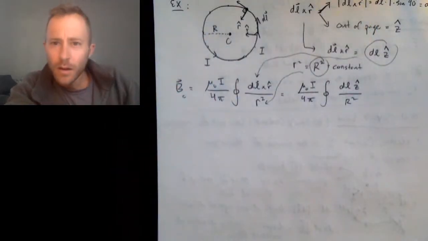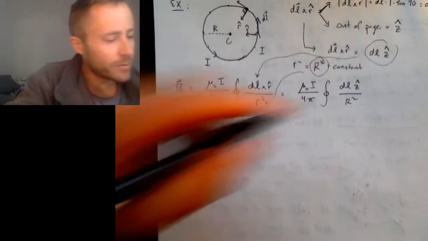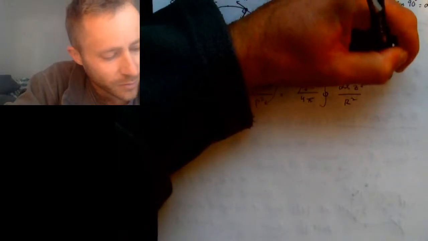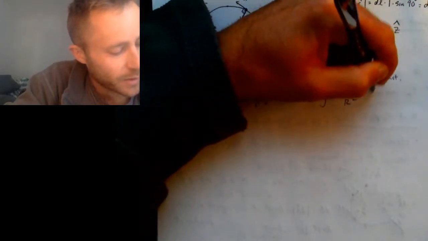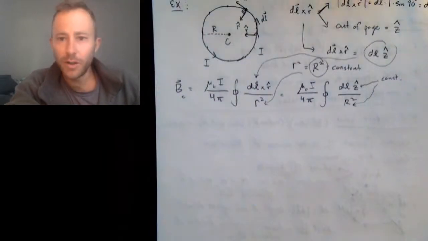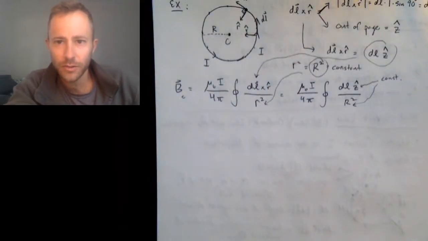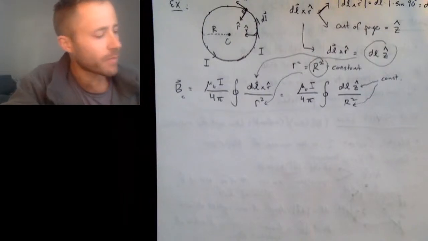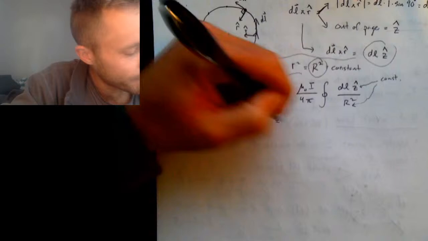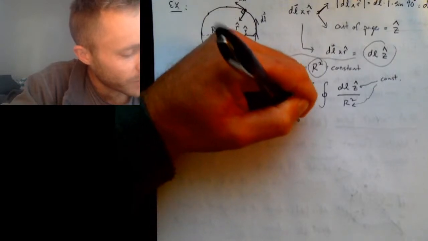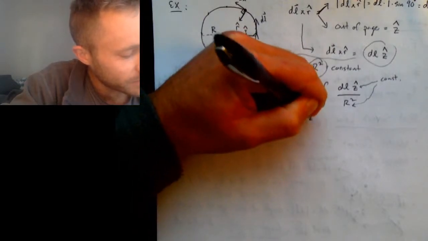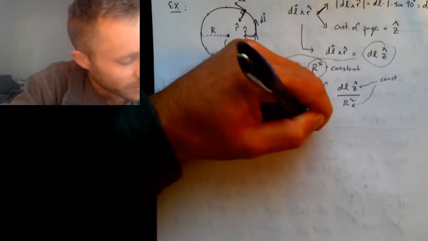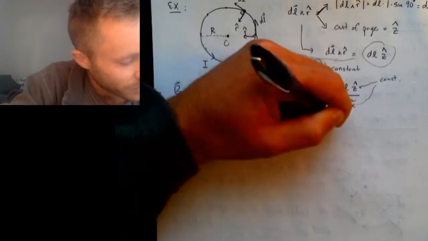Now the z hat vector is a constant, and as I said, big R is the radius of the circle, which is a constant. So that means that I can factor both of those out of the integral. So I have mu naught I z hat over 4 pi R squared times the integral around the loop of dl.